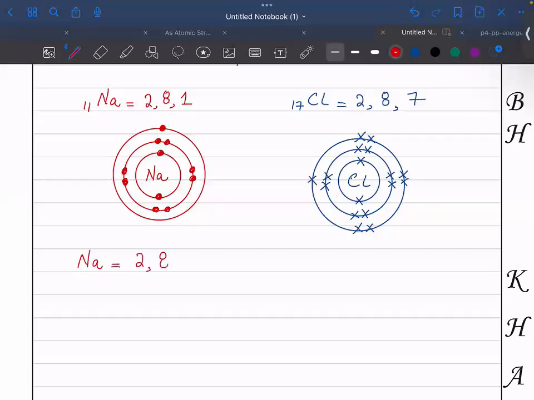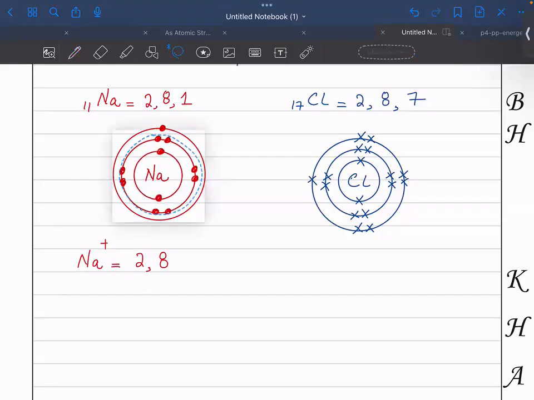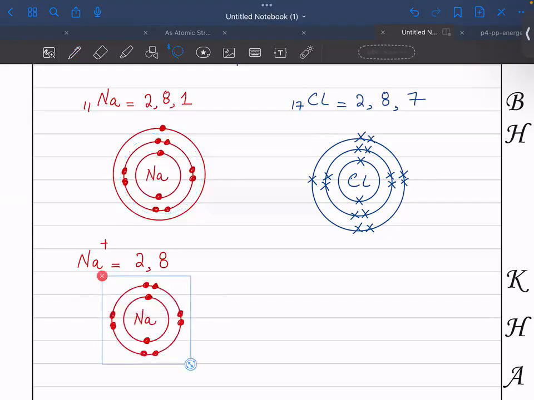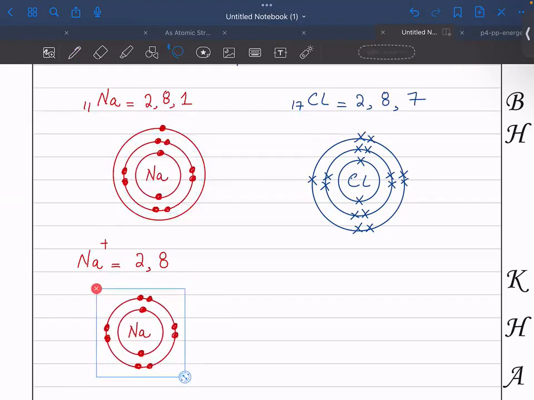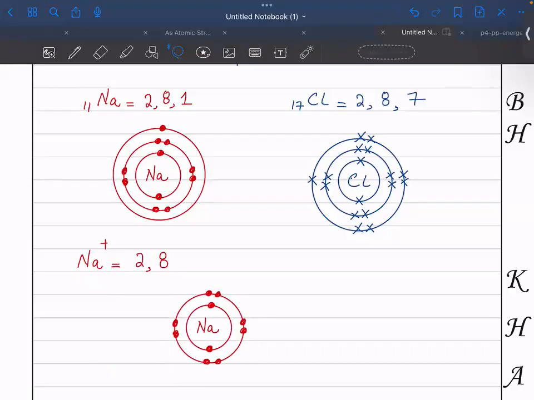This is 2, 8. After losing one electron, sodium will get a charge of +1, and its outermost shell which had one electron is no more. है ना, वो इलेक्ट्रॉन ही खत्म हो गया ना. Now sodium is left with two shells only, and now it is not a sodium atom.